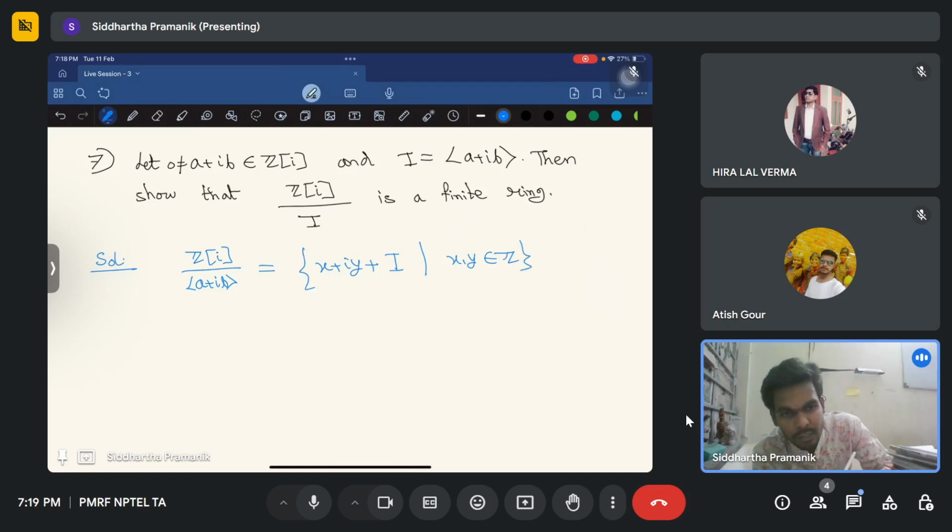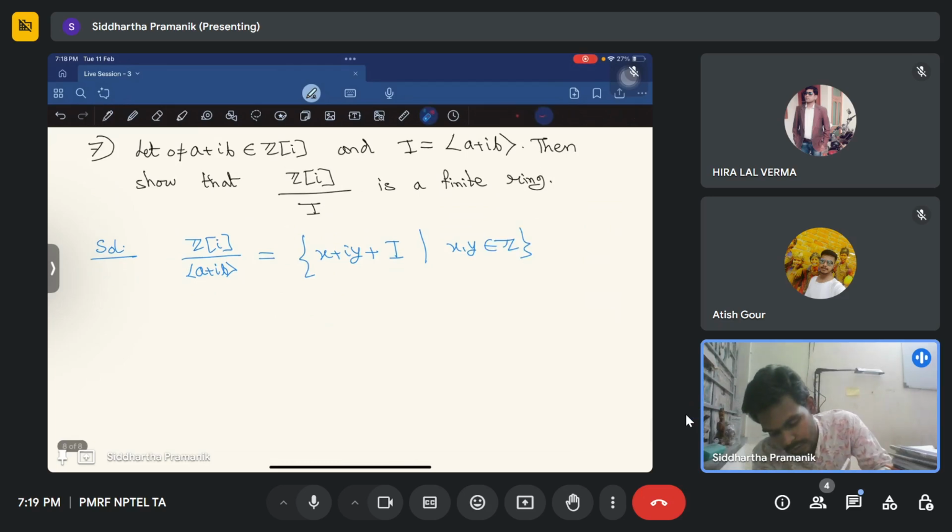Right, this is the definition of the quotient ring. Because this is a collection of cosets, we need to prove there are only finitely many distinct cosets to prove that it is a finite ring.